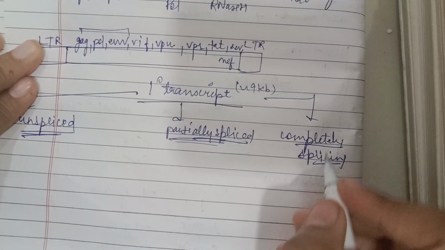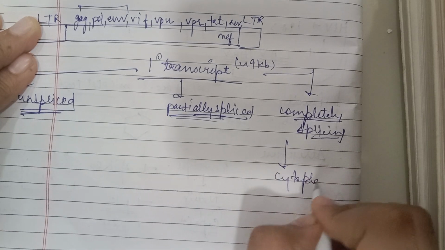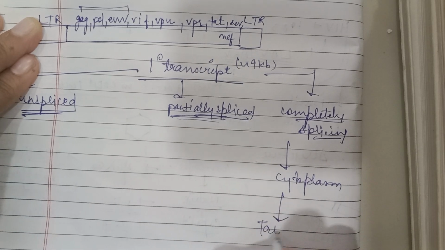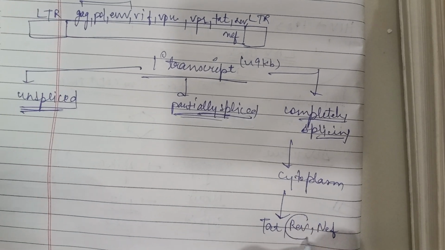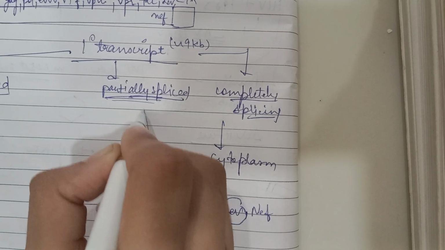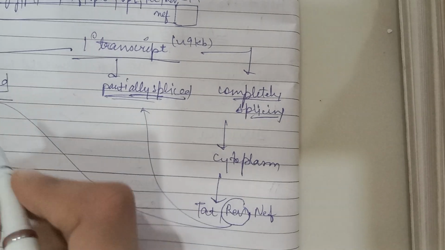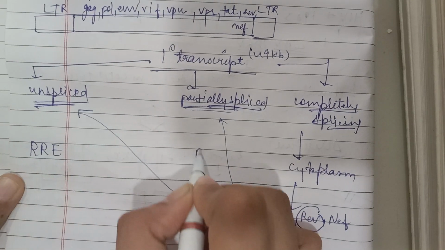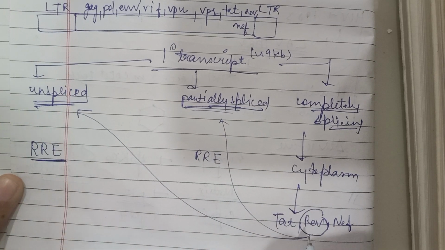out. First of all, the completely spliced one will easily be transported to the cytoplasm, and will be translated to give the proteins TAT, REV, and NEF. Now, this REV protein is responsible for making both of these RNAs export out of the nucleus, because these RNAs possess a sequence called RRE in their RNA, that is, the Rev response element.